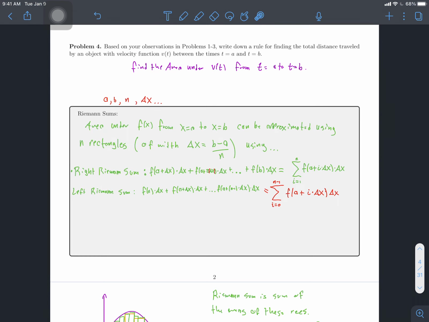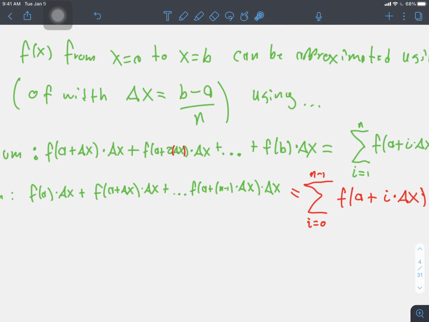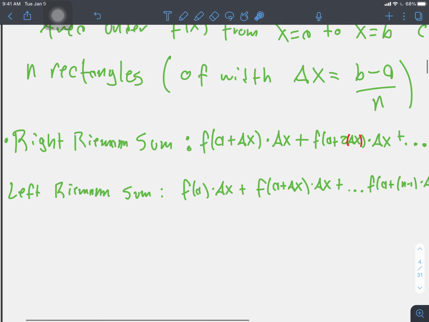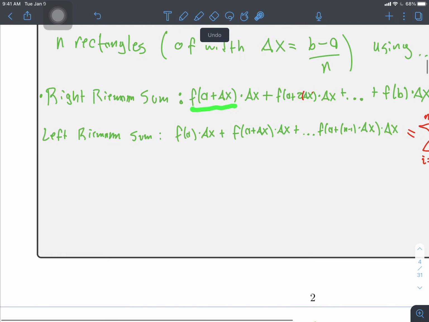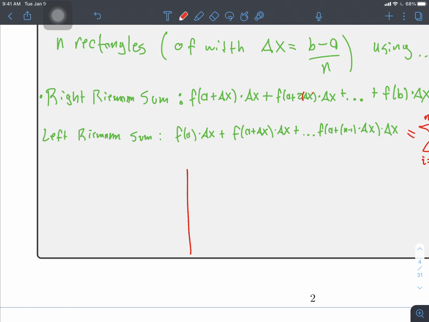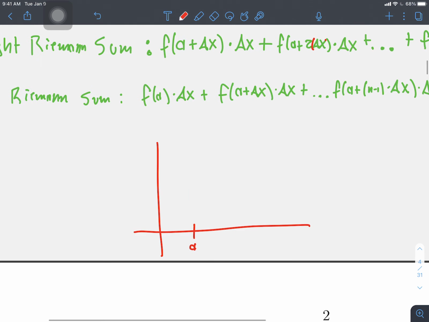Yeah, Brenda. So the main difference between the right and the left Riemann sums, is it based on what side of the interval we start on? Exactly. So you'll notice that the height of the first rectangle, when we do a right Riemann sum, is f(a plus delta x). So you imagine that we start at a, and we have our curve, right?